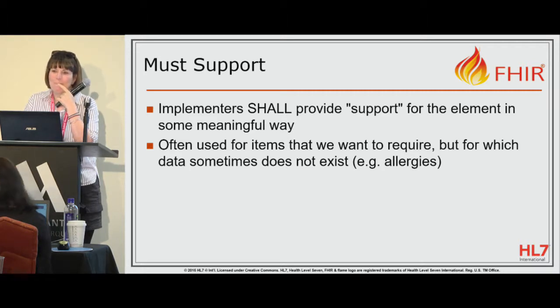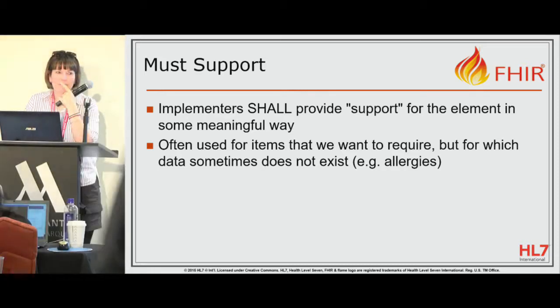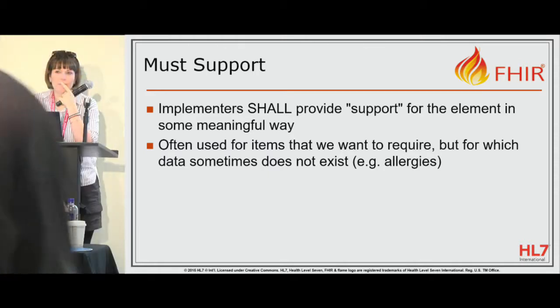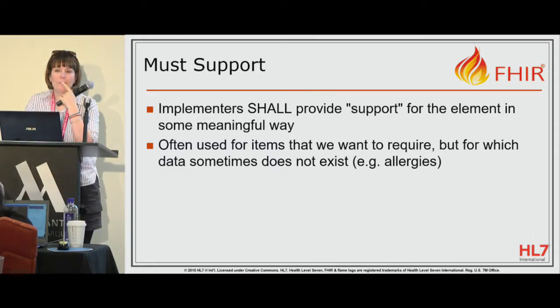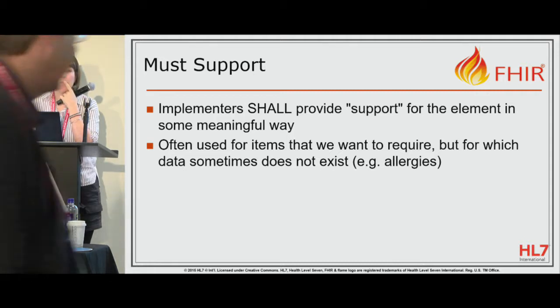What did I tell you? That if you have an IG that inherits from another IG, the child IG can go and define must support some other way. It inherits it, and you can further define it. You can further constrain it. Right. And that's what, for example, QI Core does when they say we take US Core and additionally we, whatever.